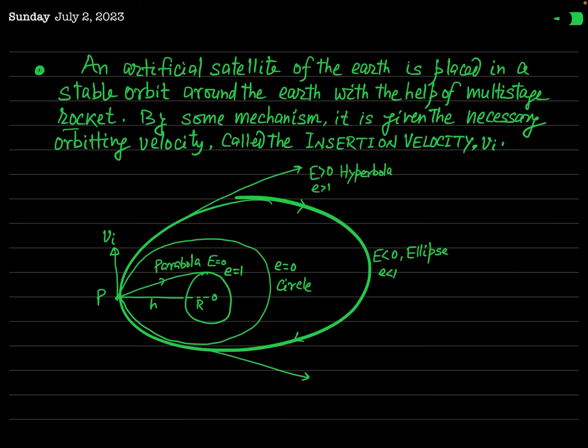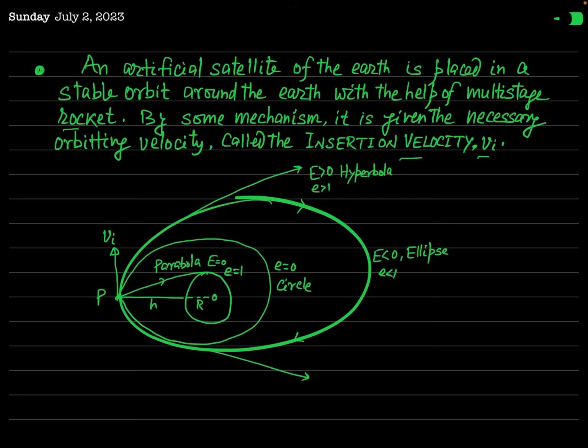Once the satellite is placed in the stable orbit, then by some mechanism it is given the necessary orbiting velocity, which is called insertion velocity, denoted by Vi. After giving this velocity, the satellite revolves around the Earth.